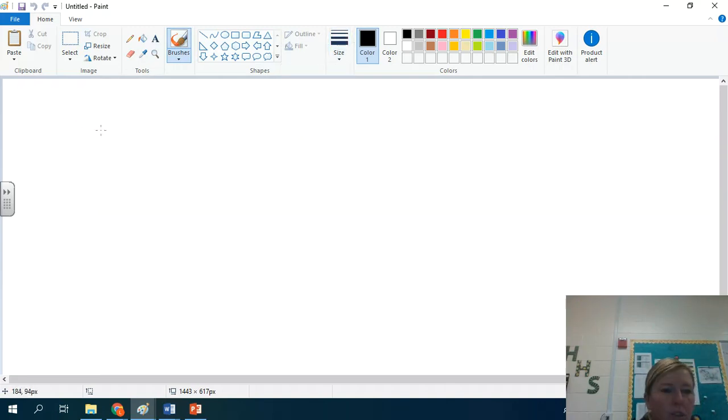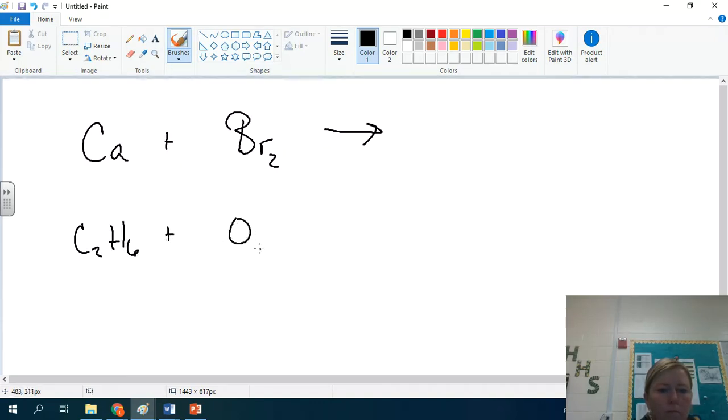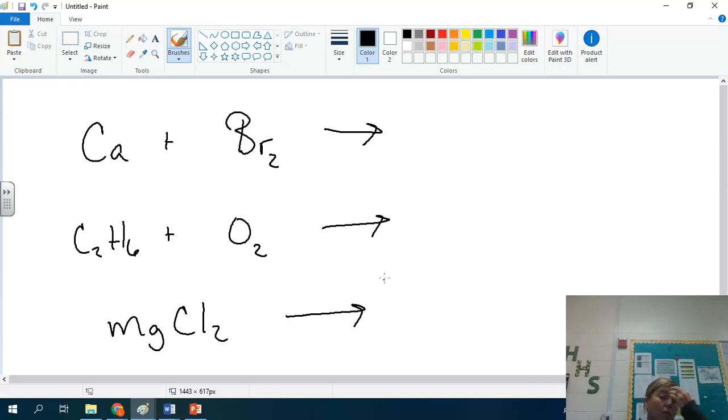So let's see, for instance, if you had Ca plus Br2 arrow, and then let's say you had another arrow, and then for your last example, let's give you one more. You're only going to be given the reactant side. Your job is going to be to tell me what kind it is, and then to write the products.